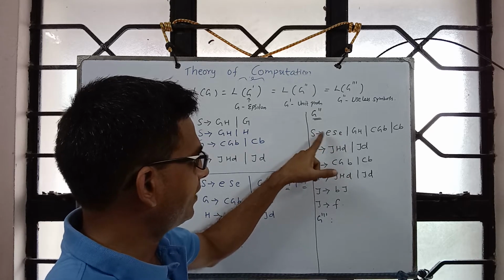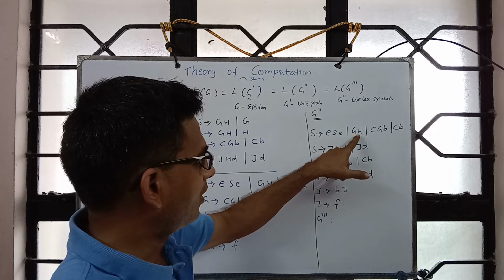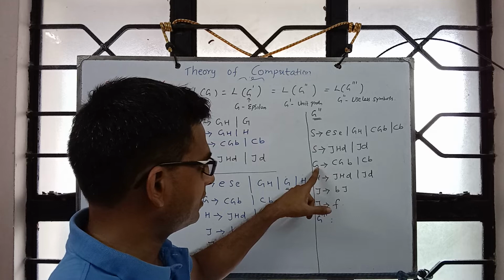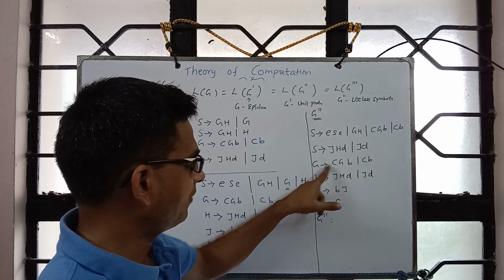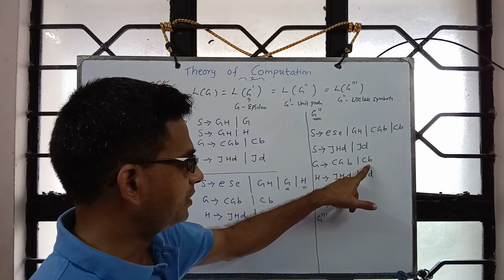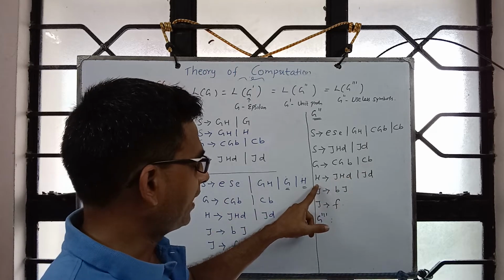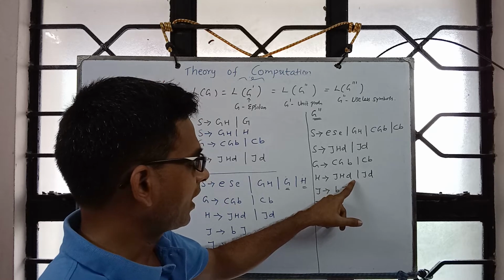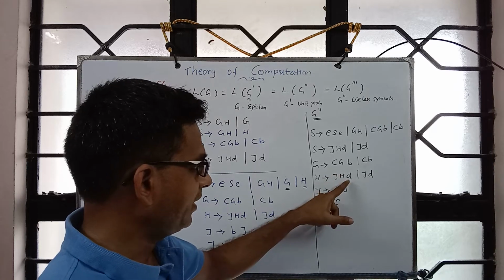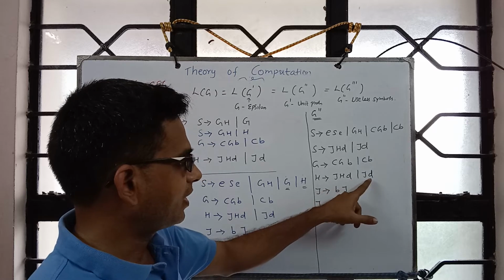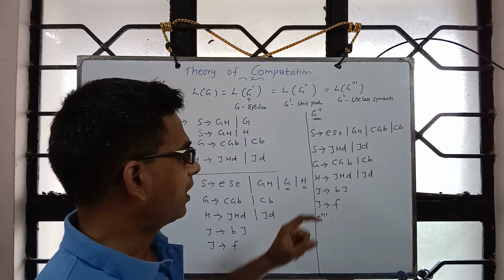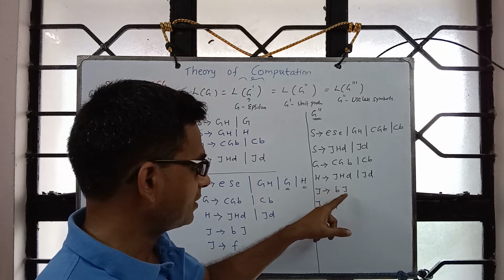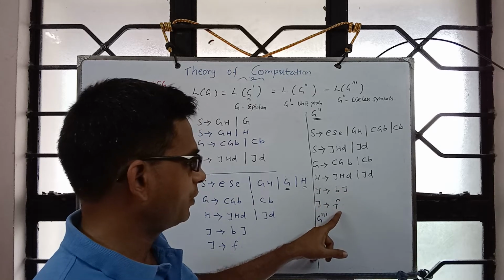Yes, one can recursively apply this, and GH, and from GH I can take this and recursively apply, and if I want to terminate, I can use G implies CB. For H, I can take JHD, and this can be applied recursively, and if you want to terminate, we can use this. Or one can also apply J implies BJ a couple of times, and if I want to terminate, we can use J implies F.